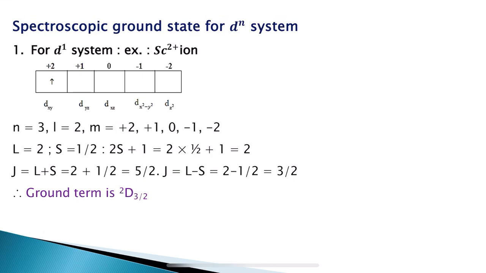How many electrons are present? How we write the spectroscopic ground state for the dn system will be understood in this session. The ground state can be assigned by using Hund's rule. Hund's rule is the main criterion we are going to use to assign the ground state for the dn system.